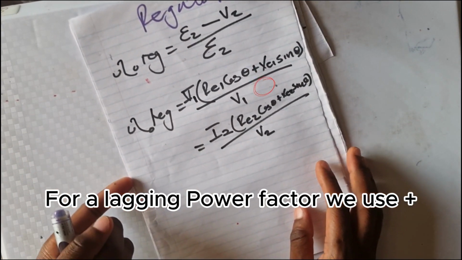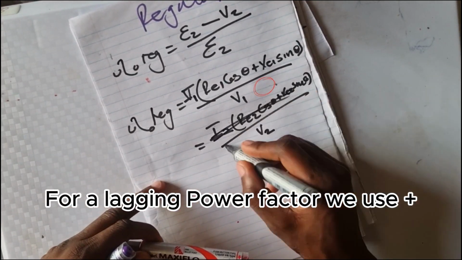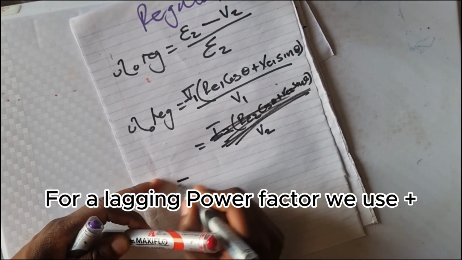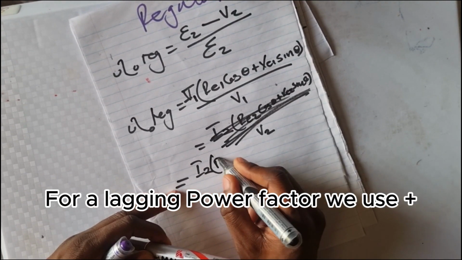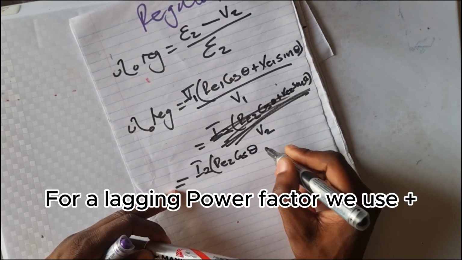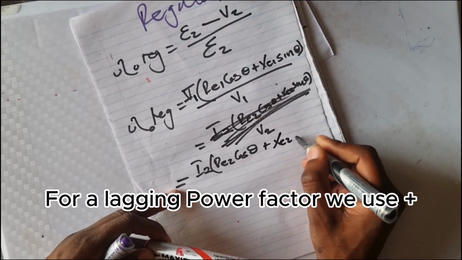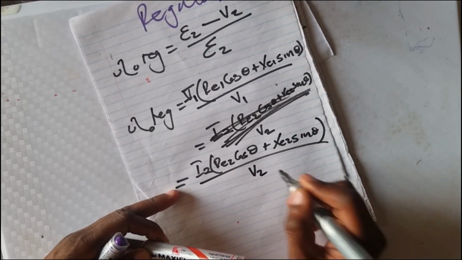Sorry if you cannot see that, let me just write it again here. It's going to be I2 bracket RE2 cos theta plus XE2 sin theta bracket all over V2.